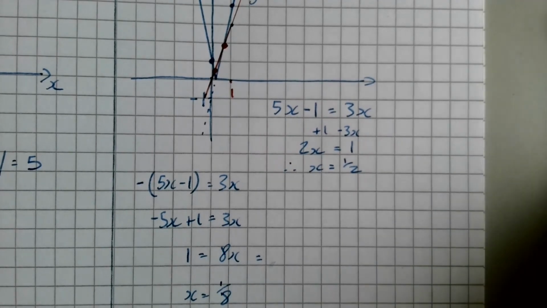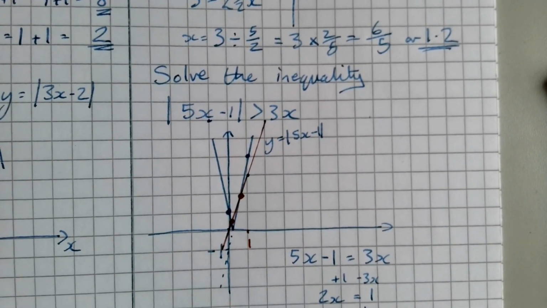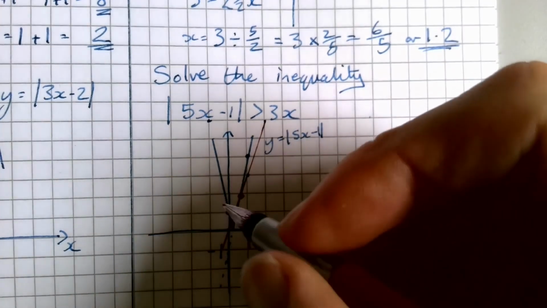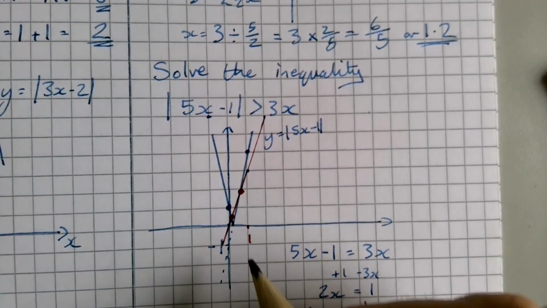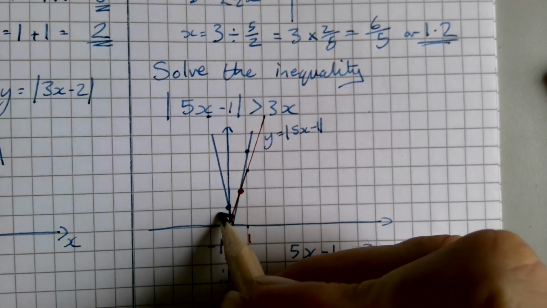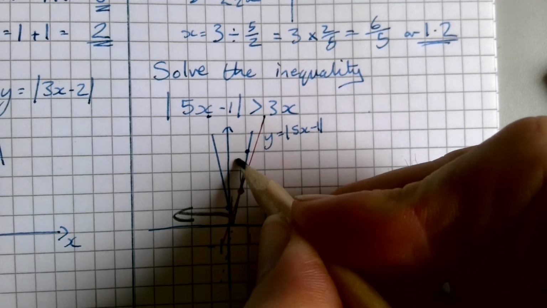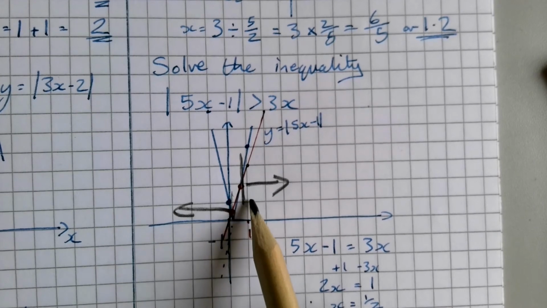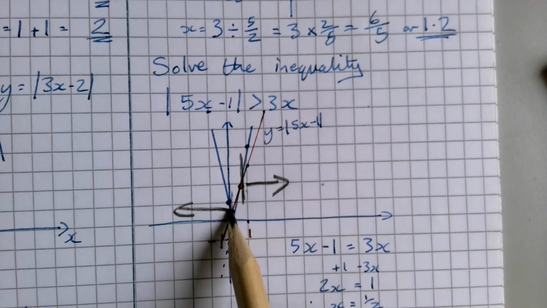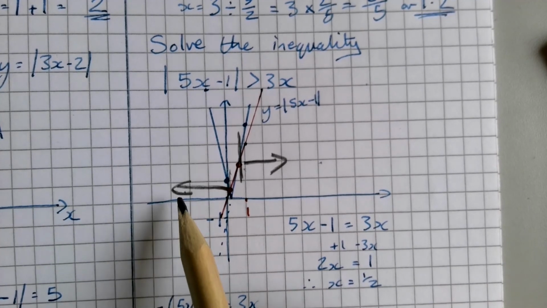So let's have a little look back here. Which one of these is meant to be bigger than the other? So the modulus is larger. So I am interested in all the values from this side here and also from here. So we are looking at x when it's bigger than that one and when it's smaller than that one.